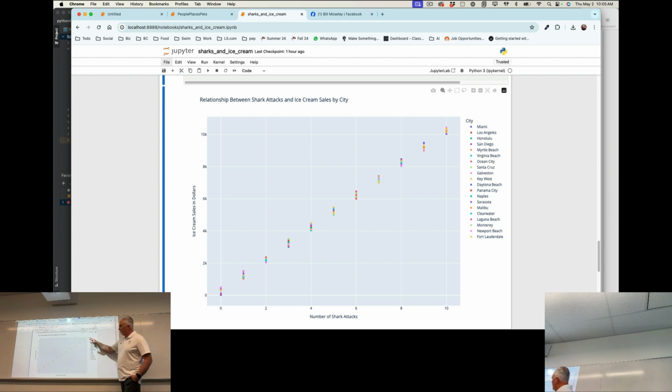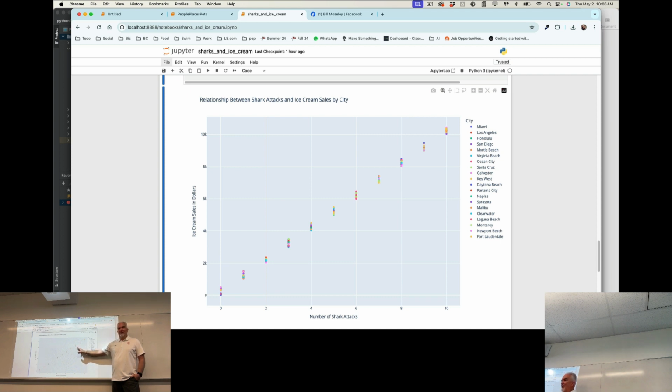So each year in each city, I plotted the number of shark attacks and ice cream sales in dollars. And you can see that on years when we sell a lot of ice cream, there are a lot of shark attacks.